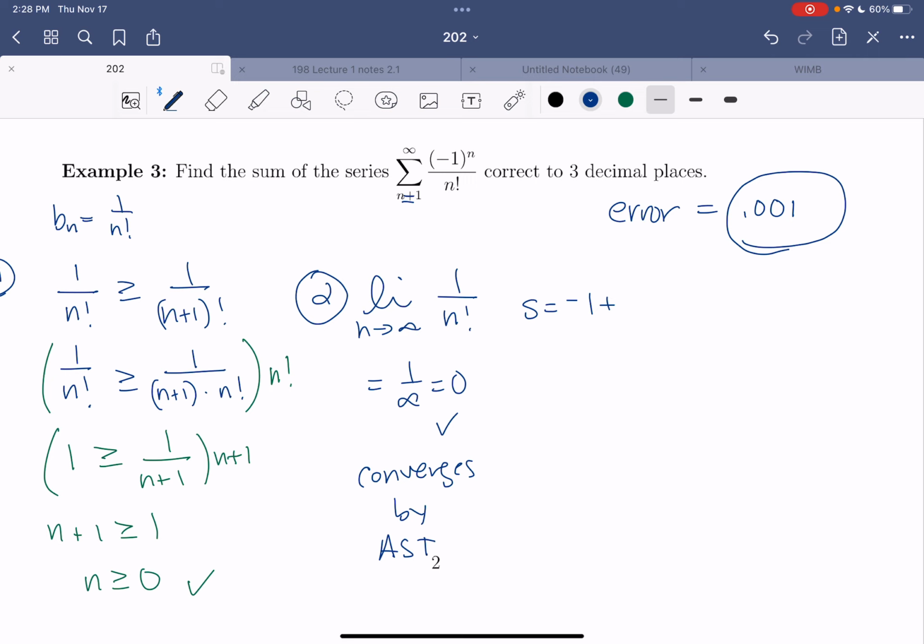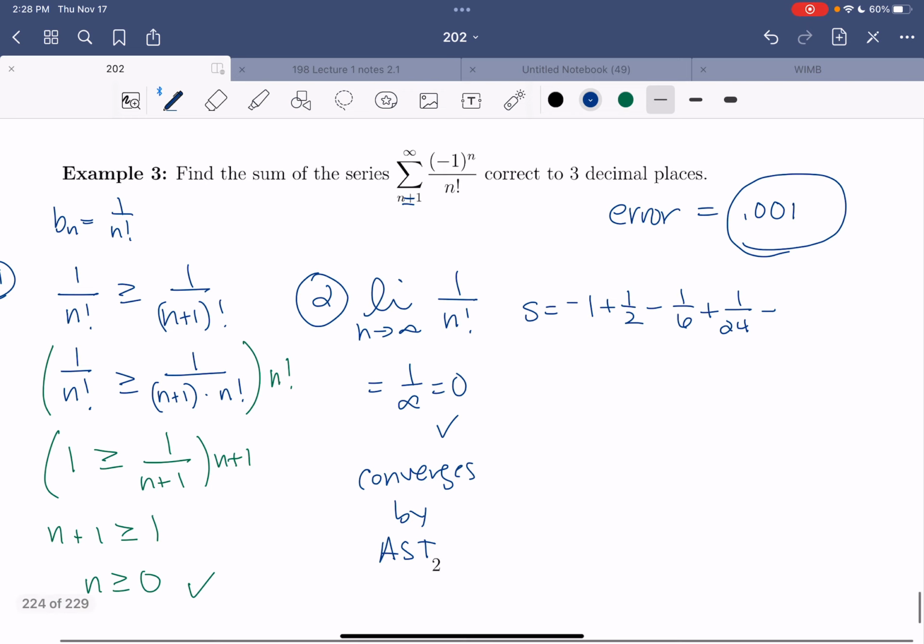Then the next term, when we plug in 2, negative 1 squared is 1, over 2 factorial is 1/2. The negative 1 part's going to alternate. You can start to see how that's going to happen. So 1 over 3 factorial is 1/6, plus 1 over 4 factorial, which is 1 over 24, minus 1 over 5 factorial, which is 1 over 120.